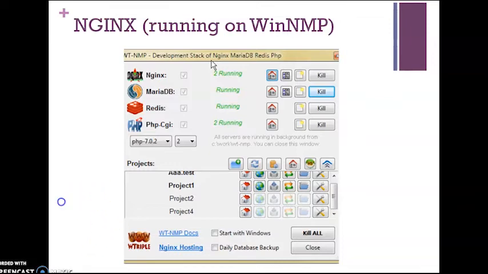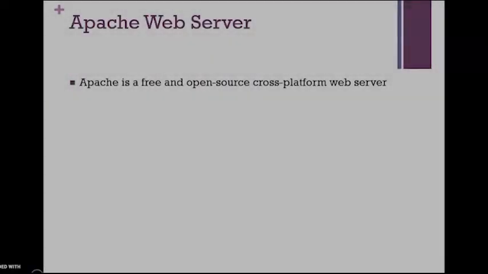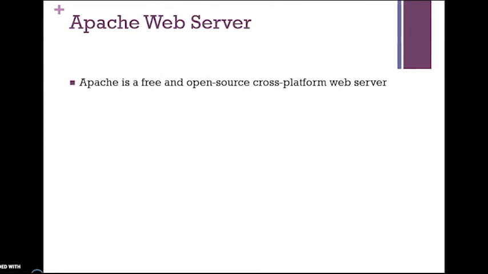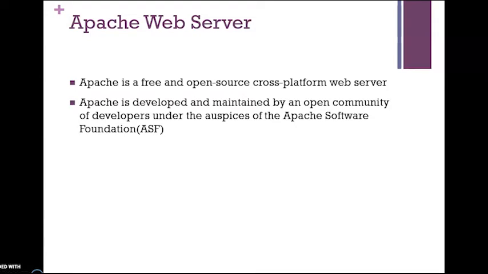The third web server that I want to discuss in this chapter is Apache Web Server, which is my favorite web server. I believe that you already know that Apache is a free and open source web server. Apache is developed and maintained by a community called the ASF, or the Apache Software Foundation.